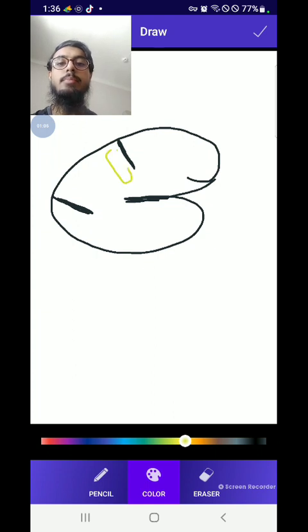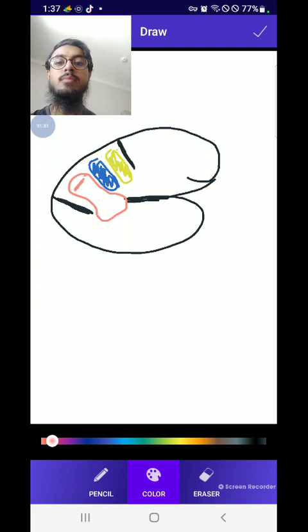Just posterior to the central sulcus, what is this area? Primary somatosensory area. Just posterior to that, what is this area? Somatosensory association area, which I discussed in a previous video. So today my topic of discussion is about this area.